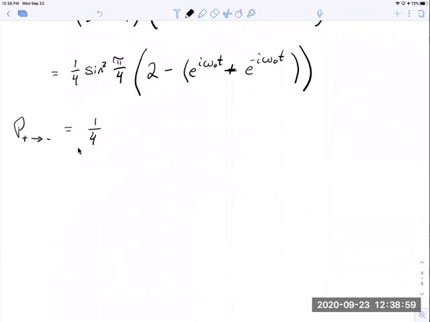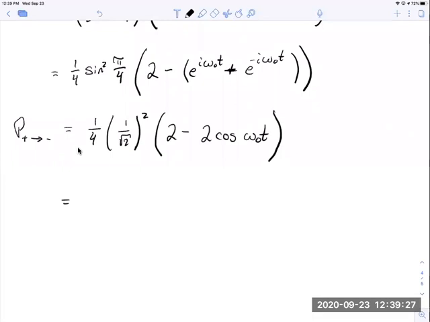So this is 1/4. What is the sine of pi over 4? The sine of pi over 4 is 1 over the square root of 2, quantity squared. And this becomes 2 minus, now remember e to the i stuff plus e to the minus i stuff. This is 2 cosine omega naught t.